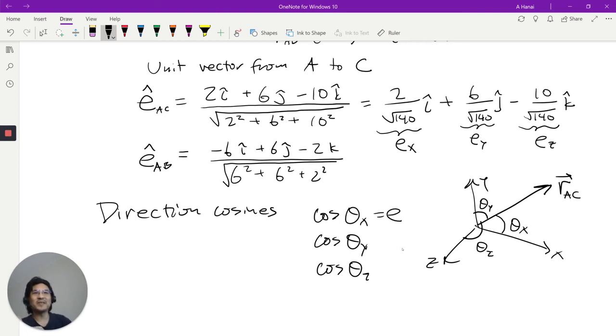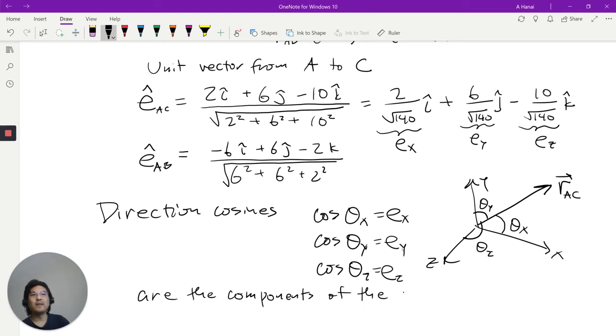The units are dimensionless. They're the components of the unit vector in the direction that it's pointing.